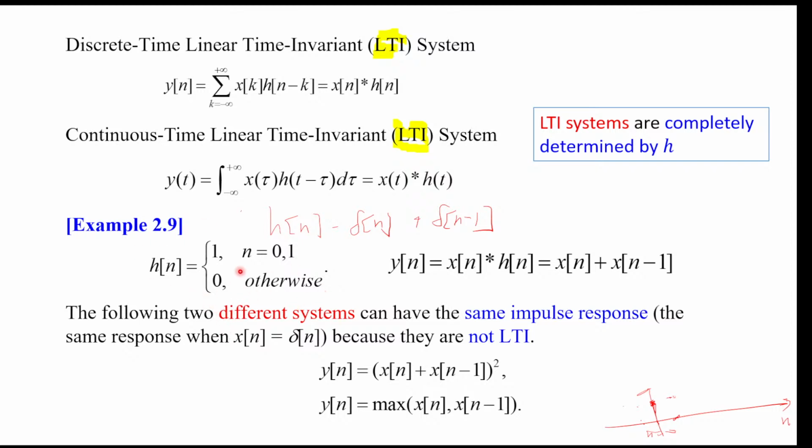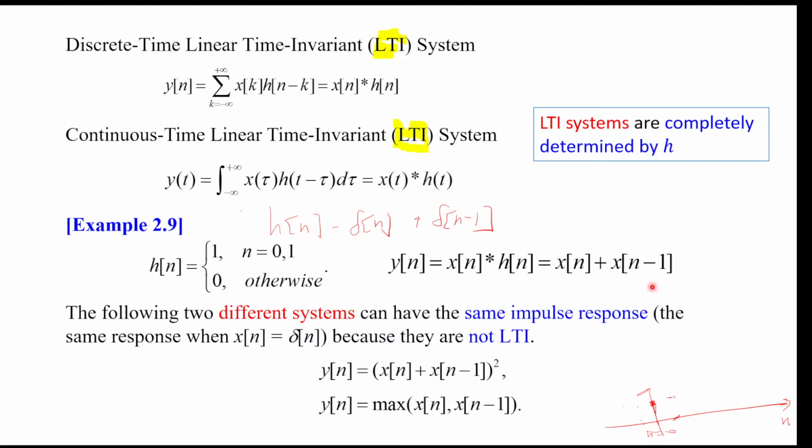If your system is LTI, then you can totally determine your input-output relationship by just doing the convolution. You see y of n equals x of n convolved with this h of n. So that's x of n plus x of n minus 1.